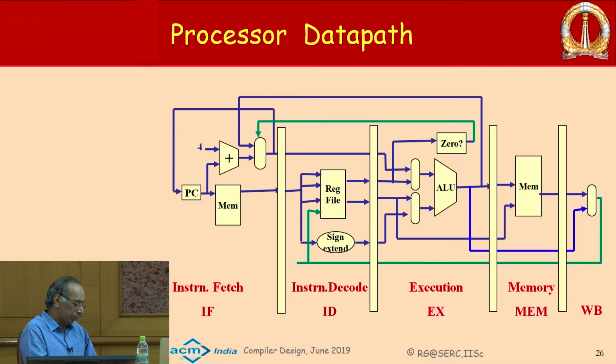So once again, let me repeat. In the instruction decode and operand fetch phase, the instruction is already available in the instruction register. From there you find out what the first source operand is. You can fetch the contents of that particular register and put it into another internal register over here. If you have a second source operand, you can fetch that register and put it as an internal operand here.